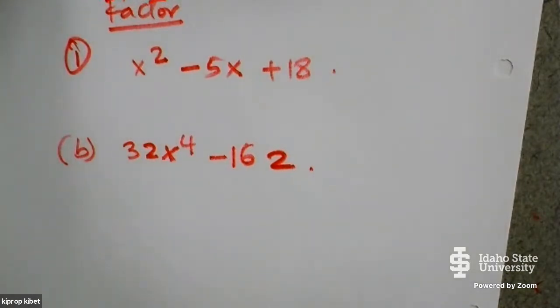I got a question for you. We have to find two numbers, right? That add to 5 but multiply to 18, right? Do you have any tricks for that? Because I'm bad at it. If you cannot find it, write something there. Factor it completely. Don't use a formula.